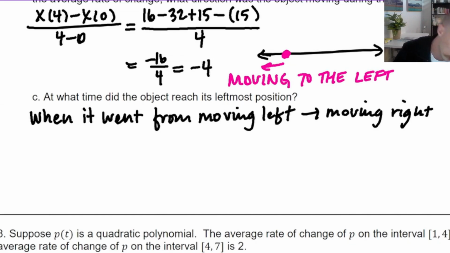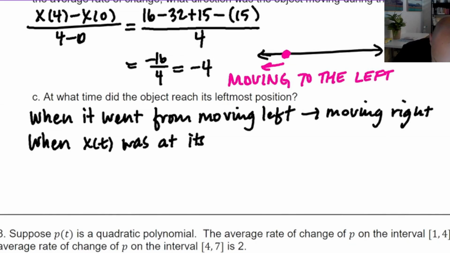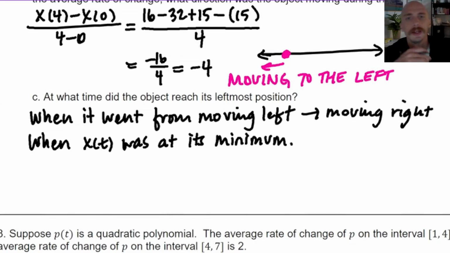But also when x of t was at its minimum. And finding maxima and minima, that's something we're going to be interested in the next lesson. But I kind of figured I'd throw it out there right now.